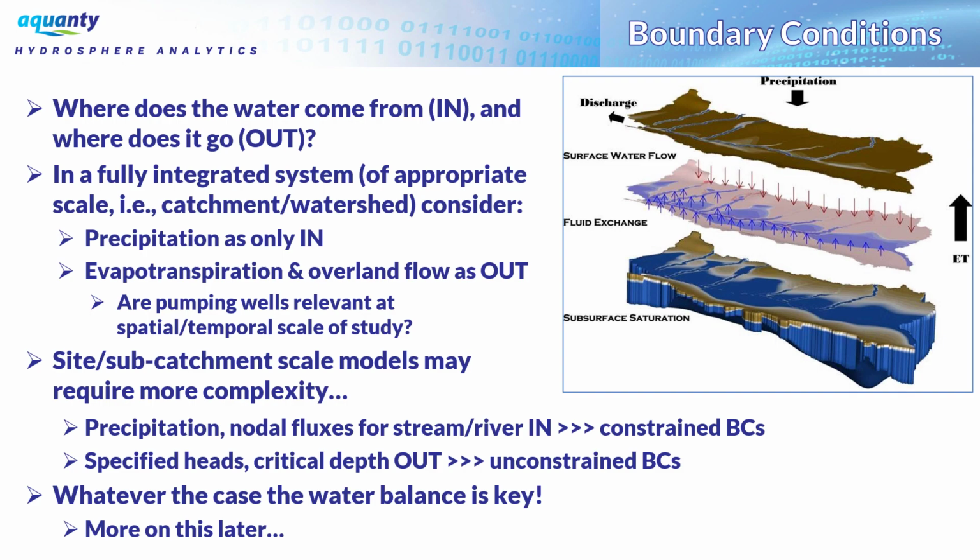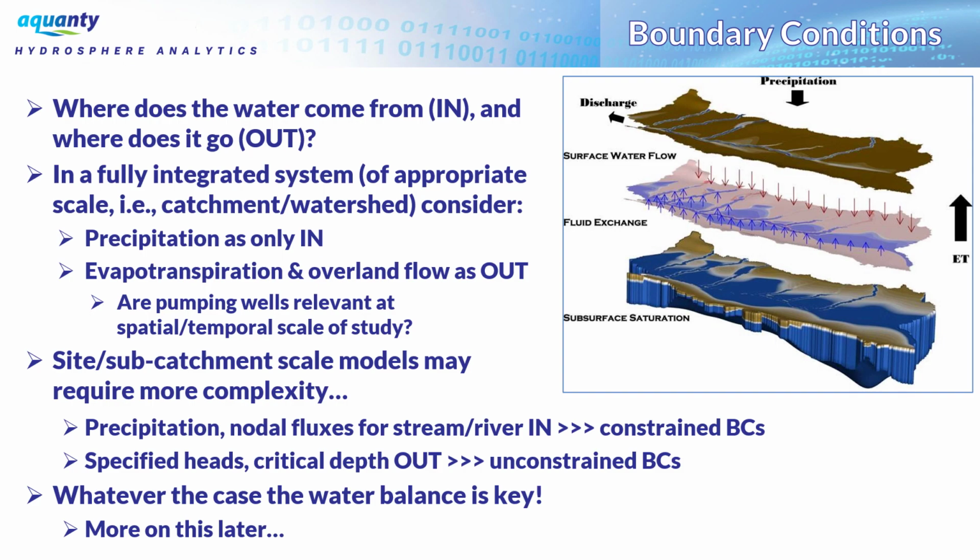But depending on the scale of the study, and not only the spatial, but also the temporal scale, are other things like pumping wells relevant? If we're looking at a 60,000 square kilometer catchment, local water supply wells probably are not going to factor into the overall model outputs all that much. If that's the specific focus of your study, then that might change, in which case you'll want to represent these pumping wells, for example.